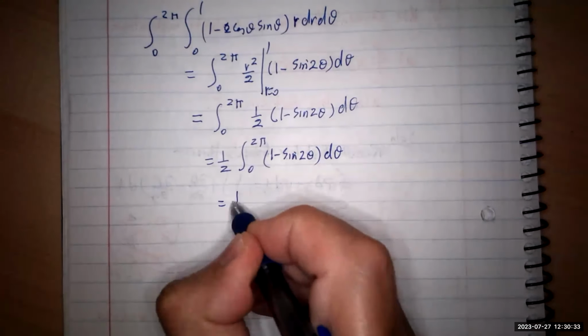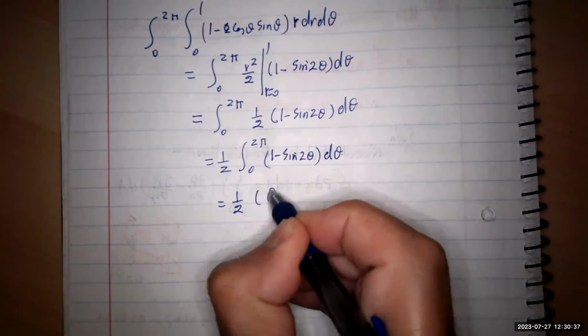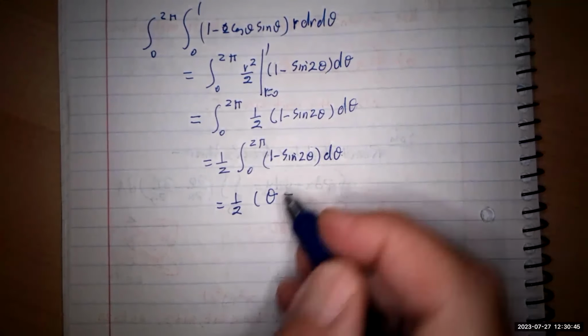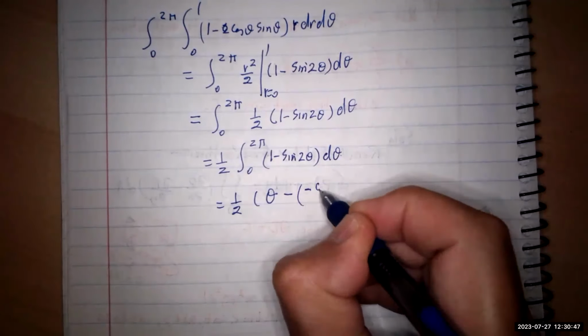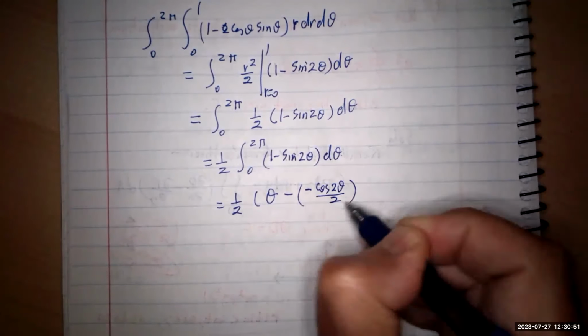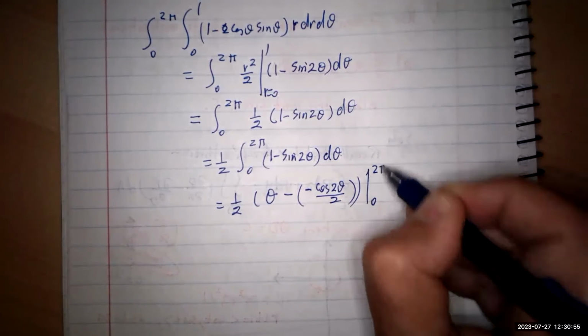You can easily integrate it now. Integrate with respect to theta, so that gives you theta minus the integral of sine. The integral of sine is negative cosine, so it's negative cosine of 2 theta, but you have to divide by 2 because of the u prime. It's evaluated from 0 to 2 pi.